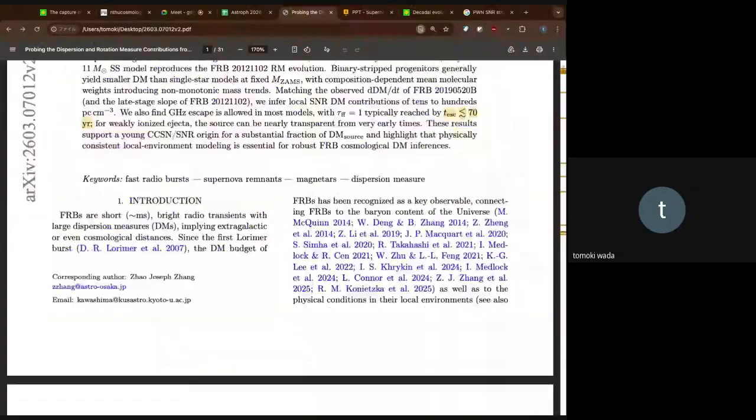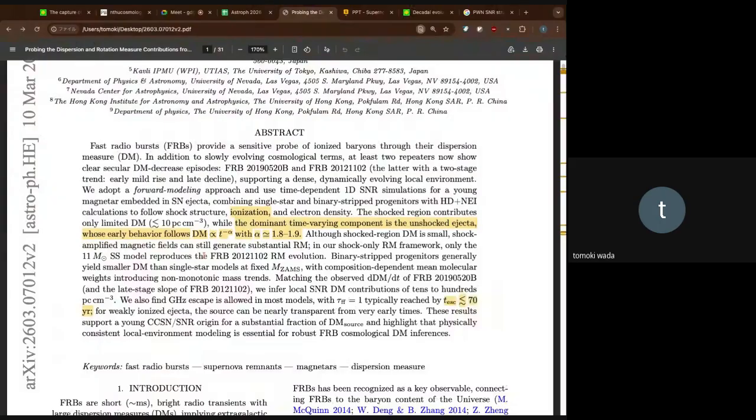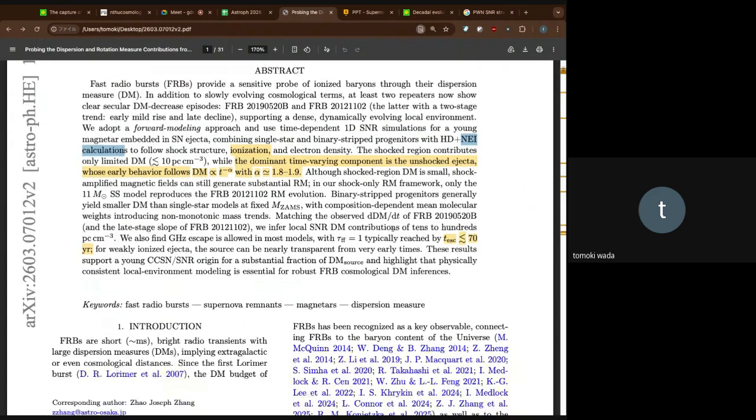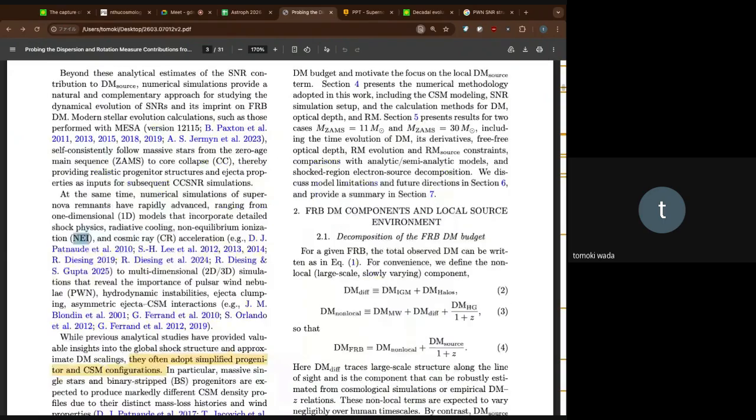What they calculate is numerically demonstrating this kind of structure. An important point is that they solve hydrodynamics and non-equilibrium ionization of this structured material.